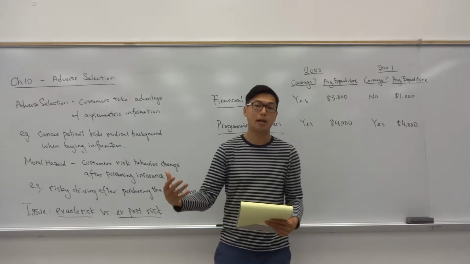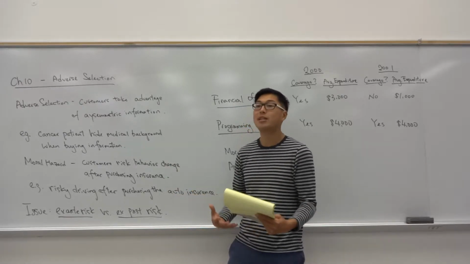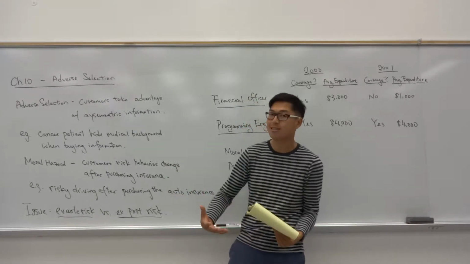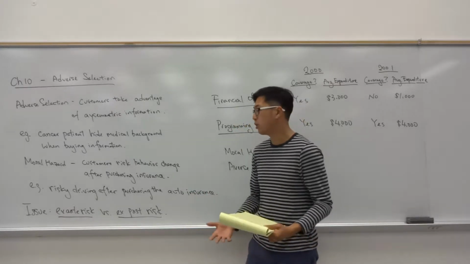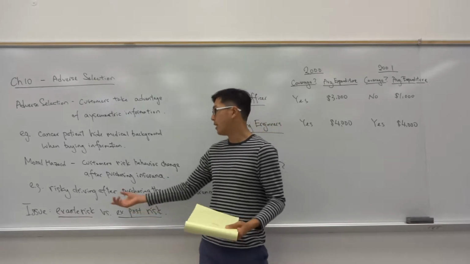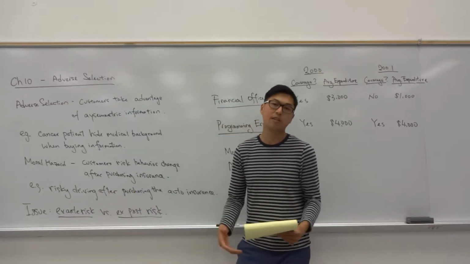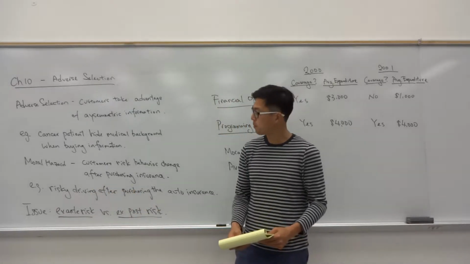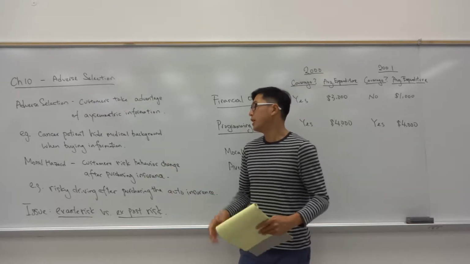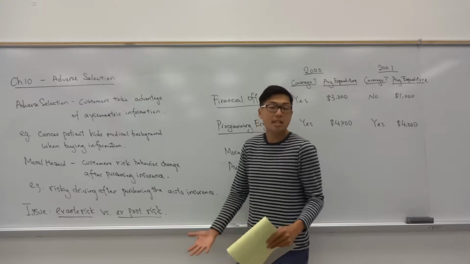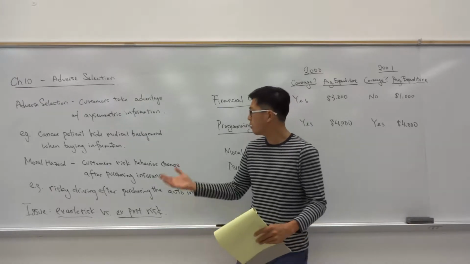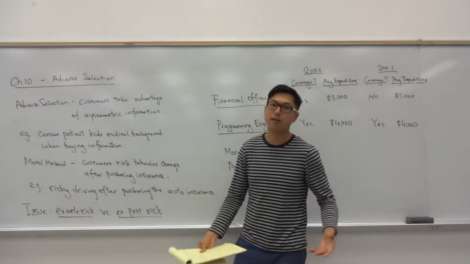They can easily measure how many times this person gets into accidents, how many times this person has to make use of the treatments, and so on after the coverage. But the ex ante risk is relatively difficult to measure. There is an issue in separating the two effects, but that's not the focus of this chapter. To be honest, the focus of this chapter is to talk about adverse selection.